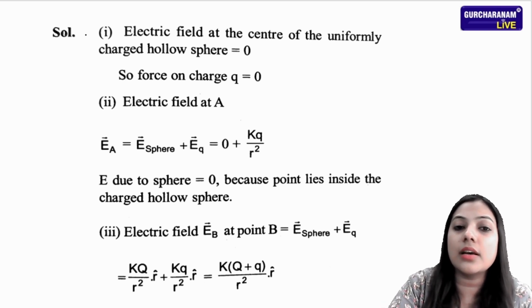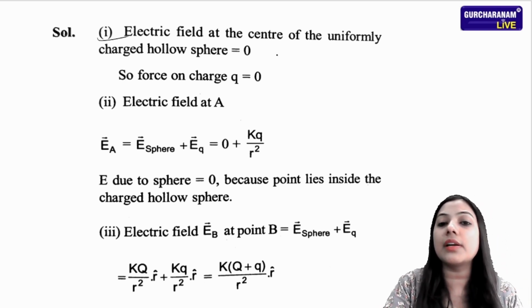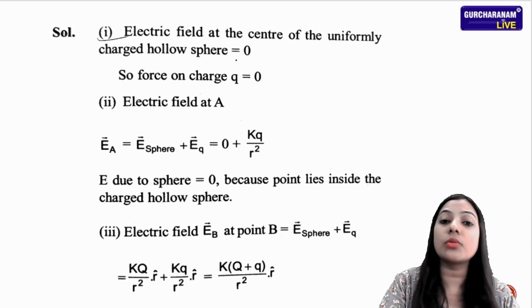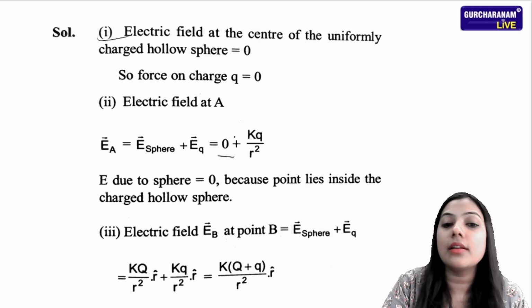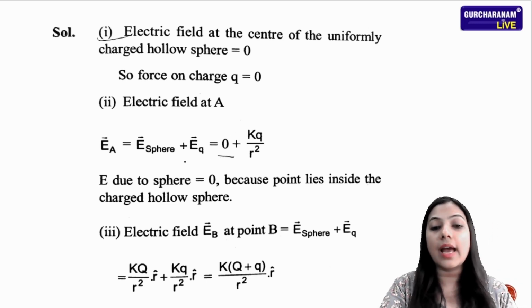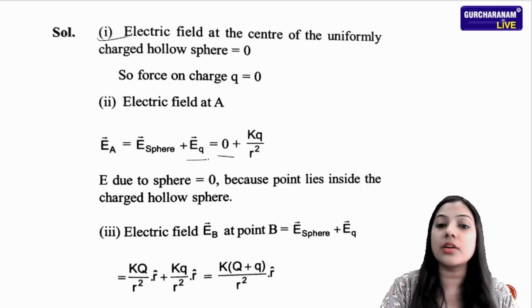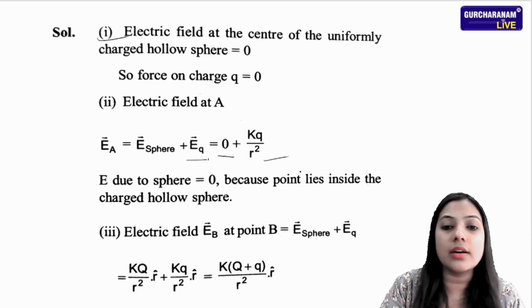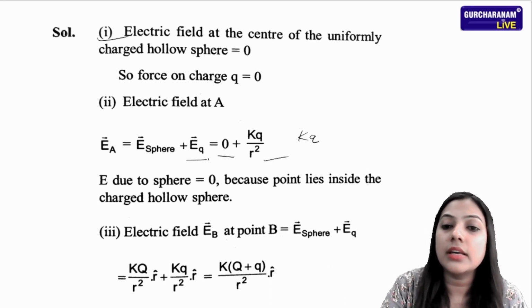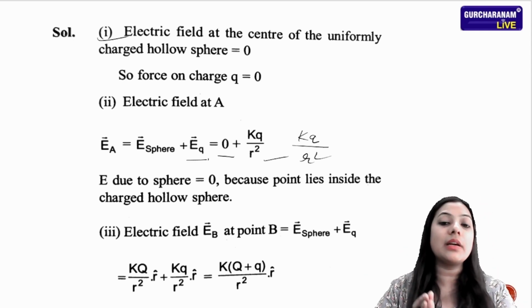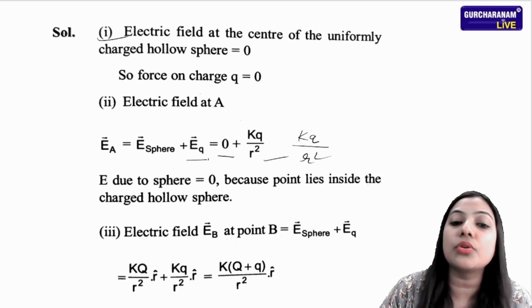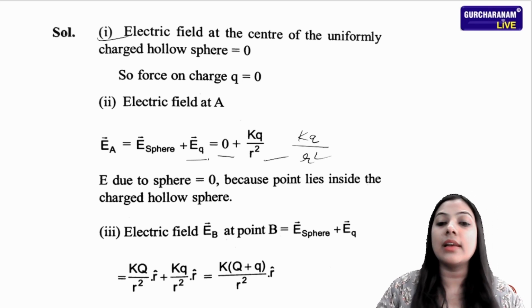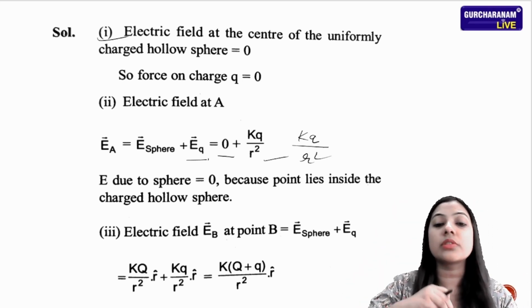It is clear from the first equation: the electric field at the center of a uniformly charged hollow sphere is 0, so the electric field of the sphere is 0. The electric field due to charge q is kq upon r square. The electric field due to the sphere is 0 because the point lies inside the charged hollow sphere.